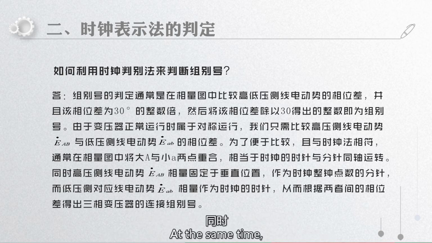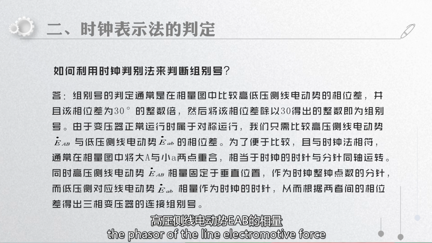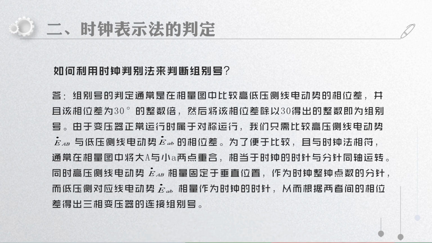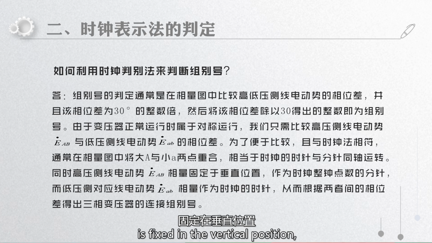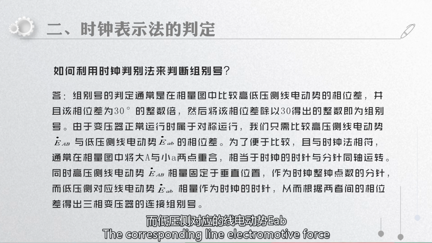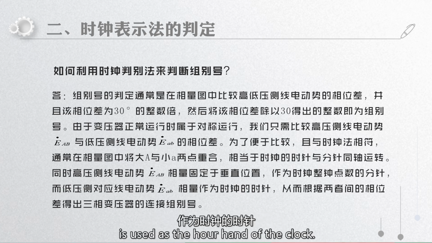At the same time, the phasor of the line electromotive force EAB of the high voltage side is fixed in the vertical position as the minute hand of the clock. The corresponding line electromotive force EAB of the low voltage side is used as the hour hand of the clock.